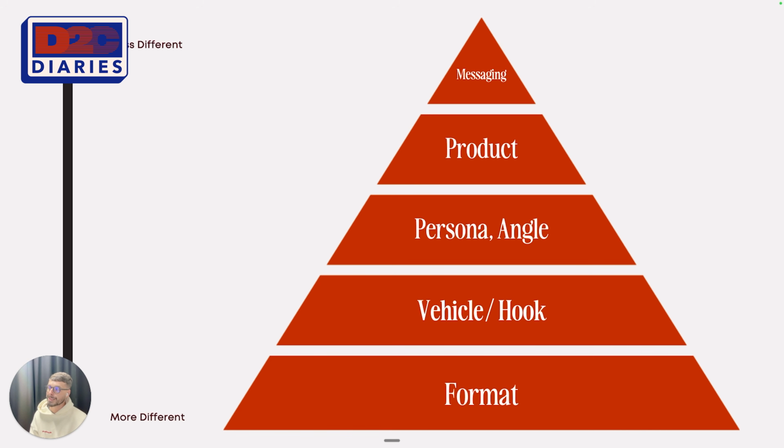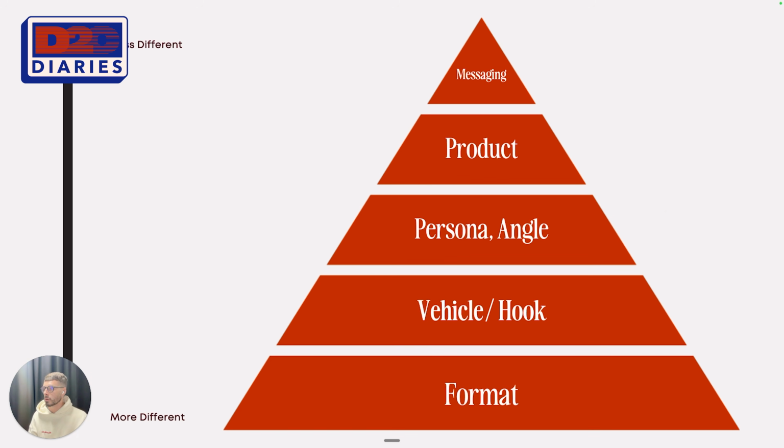Vehicle or hook is the second most important. So that is in terms of differentiating, if you've got high production as a format, a vehicle in high production might be a podcast ad, it might be a street interview, etc. And then the hook as well to go with that. As I say, the first 3 seconds is the most important part of differentiation to ensure that we aren't getting grouped under the same entity ID.